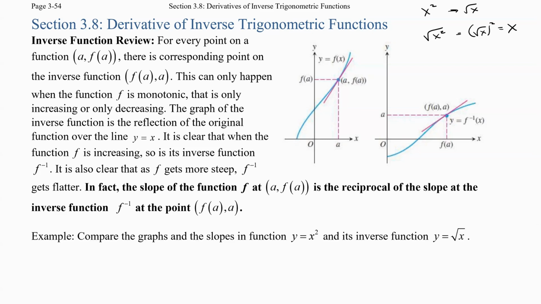And a quick reminder that a function and its inverse have this relationship: if a, f of a is on one curve, then f of a, a is on the other curve.